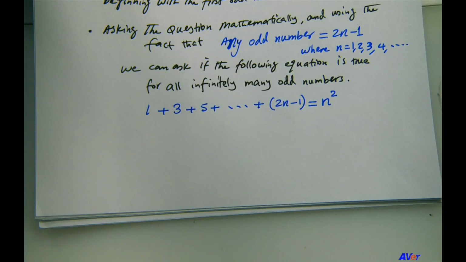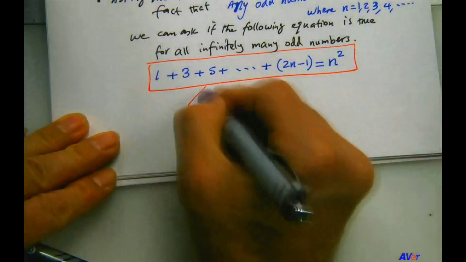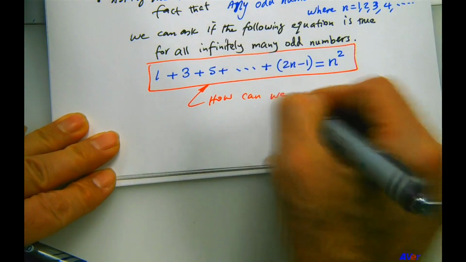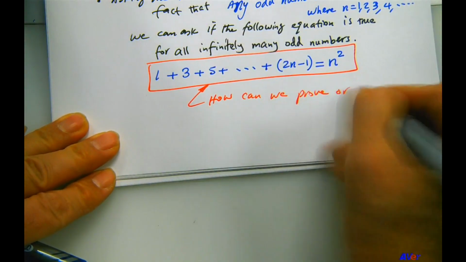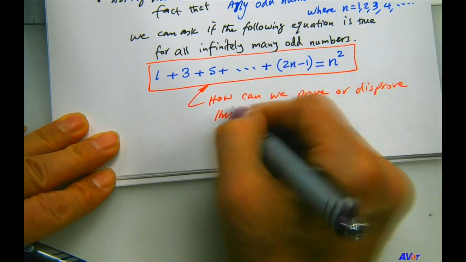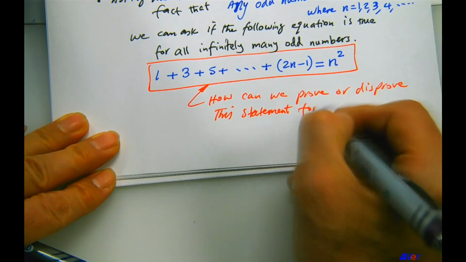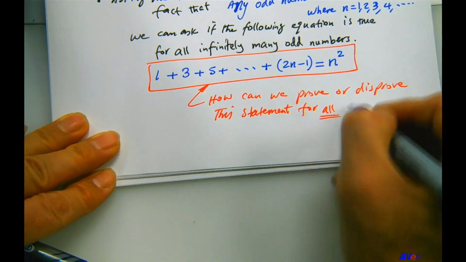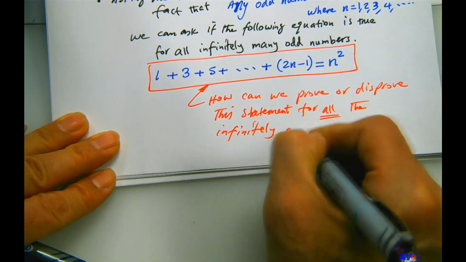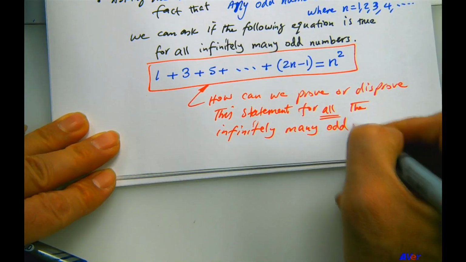Okay, so how can we prove or disprove this for all the infinitely many odd numbers?